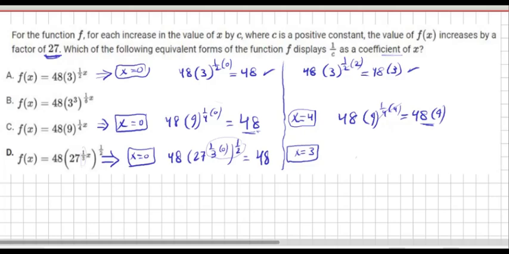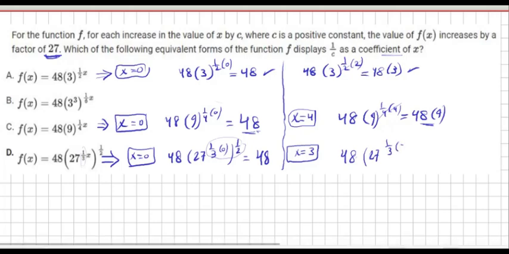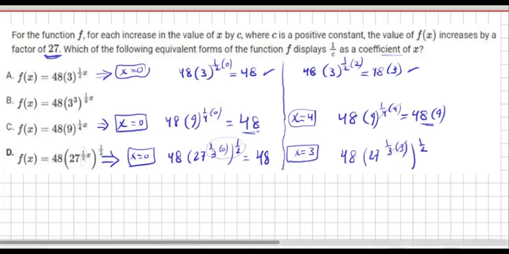But when replacing x with 3, you get 48 times 27 to the power of 1/3 times 3, and then all of this is raised again to the power of half. 3 cancels 3, so we have 27 to the power of 1, and then raised to the power of half, which means 27 to the power of half, and then multiplied by 48.